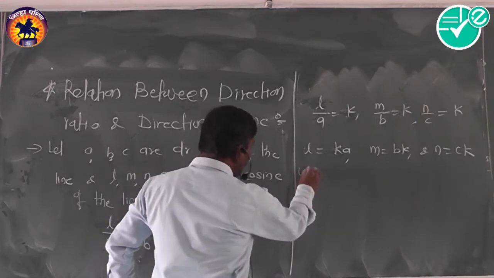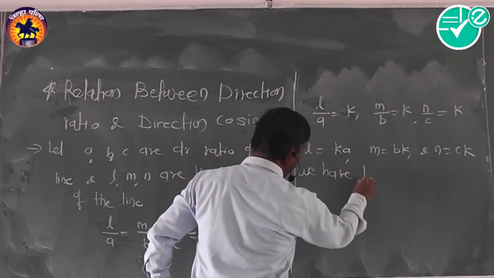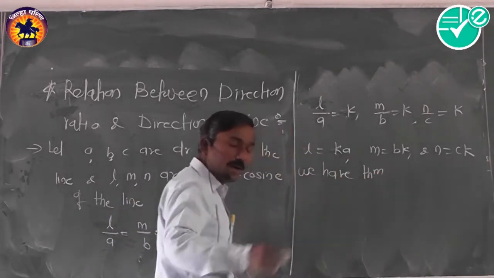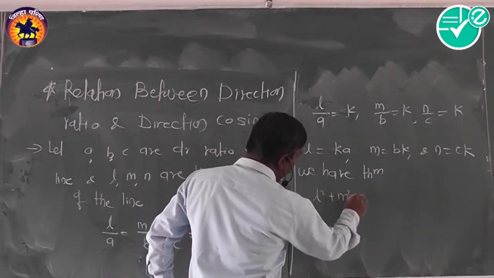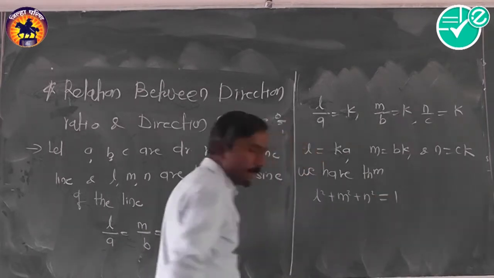Now we have a theorem that we proved earlier: L square plus M square plus N square is equal to 1.